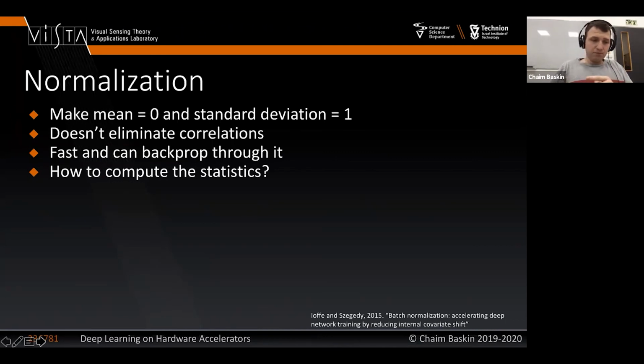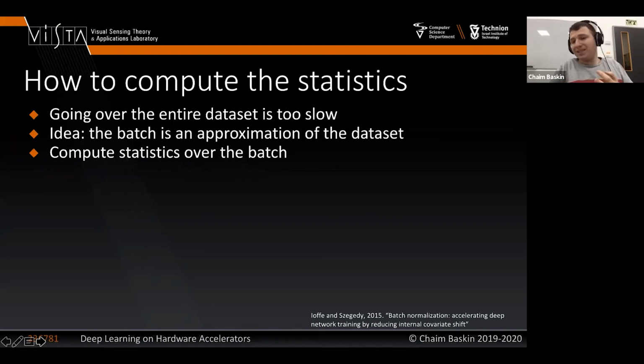So how do we compute the statistics? We could go over the entire dataset, but it's too slow. ImageNet has 1 million samples, and you don't really want to compute over 1 million samples.